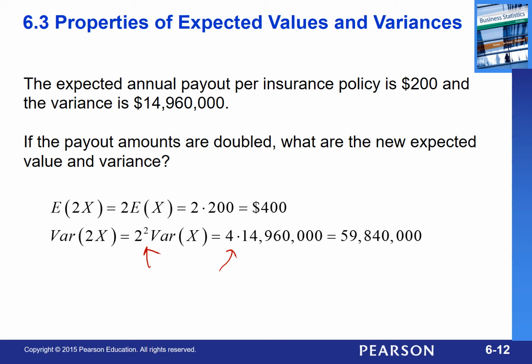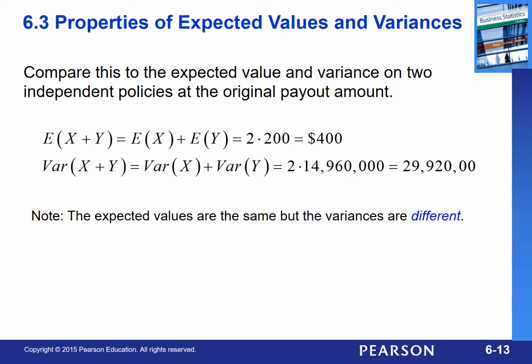So it's 4 times as variable as previous because I'm doubling my policy. Now, I want you to notice the difference between that and having 2 policies, which I'm doing on the next slide. If I have 2 policies, my mean is the same, because I'm adding 2 of them together. But my variance is a lot smaller, and this is interesting.